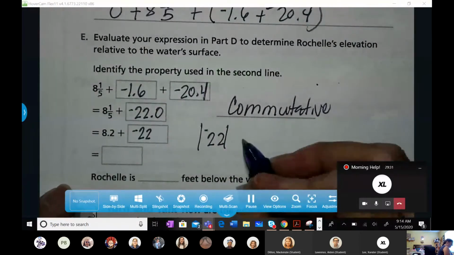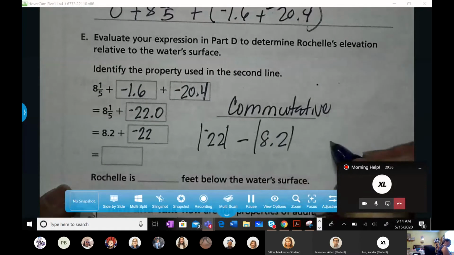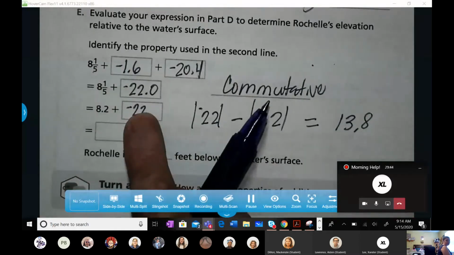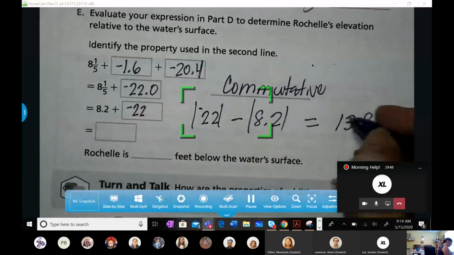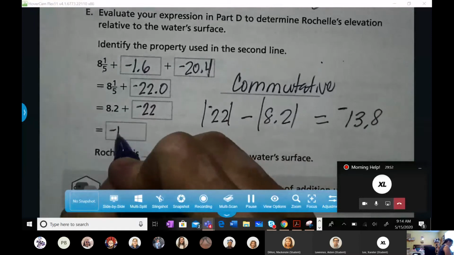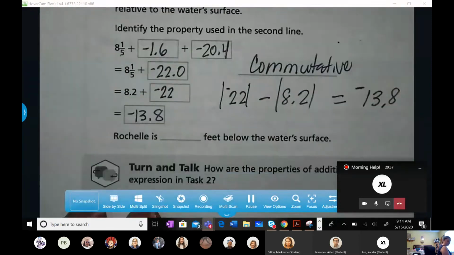So 22 minus 8 and 2/10 is 13 and 8/10. We use the sign of the larger absolute value, which is negative. So my answer would be negative 13 and 8/10.